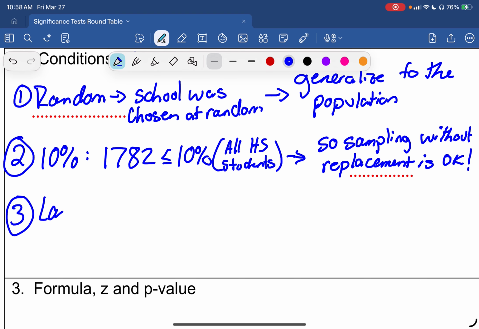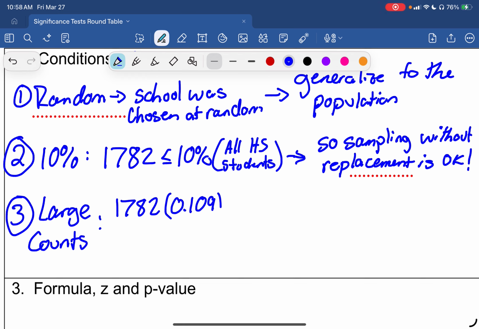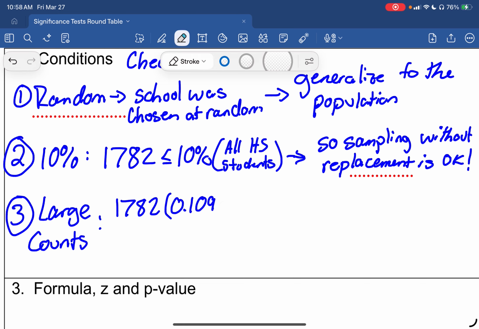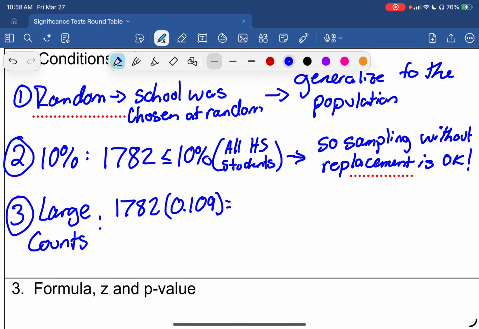For three, our large counts. So let's check. 1,782 times our null hypothesis, that is 210. That's greater than 10. We can also check those failures.